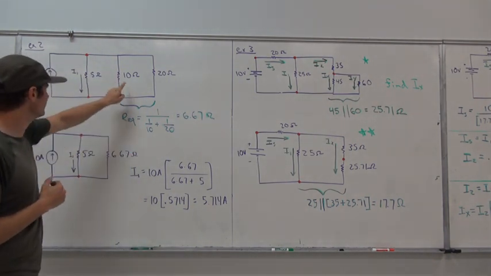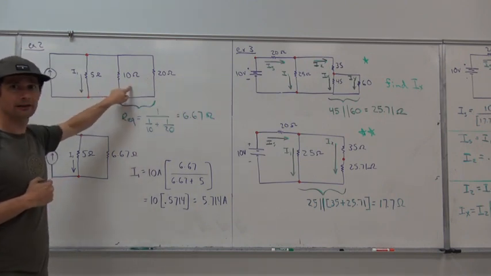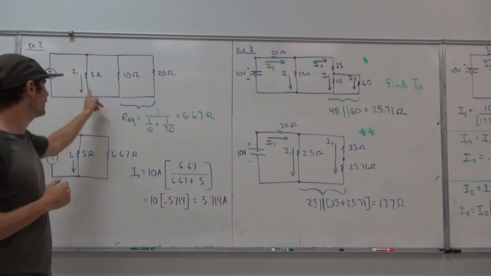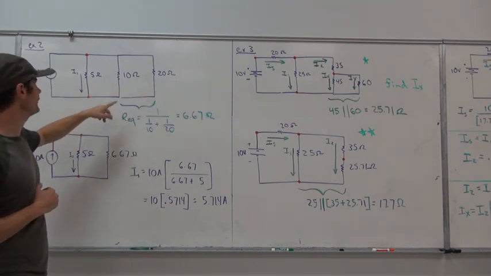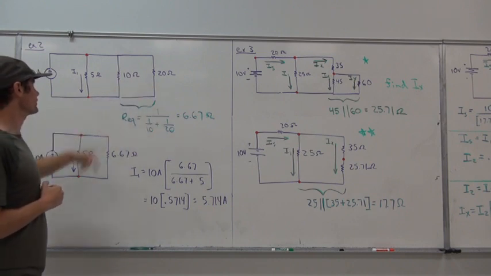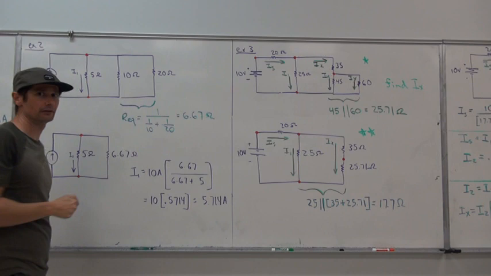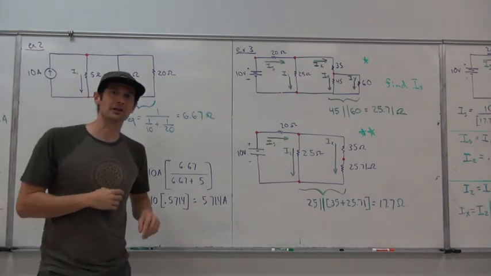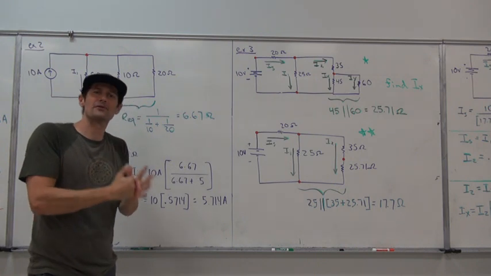So it doesn't matter if 10 ohms is next to 20 or if 5 is next to 10. Their relationship isn't dependent upon their position. We could easily rearrange the circuit. I could put 10 ohms on this side and put 5 ohms right next to the 20, but it wouldn't change the relationship of those elements together.